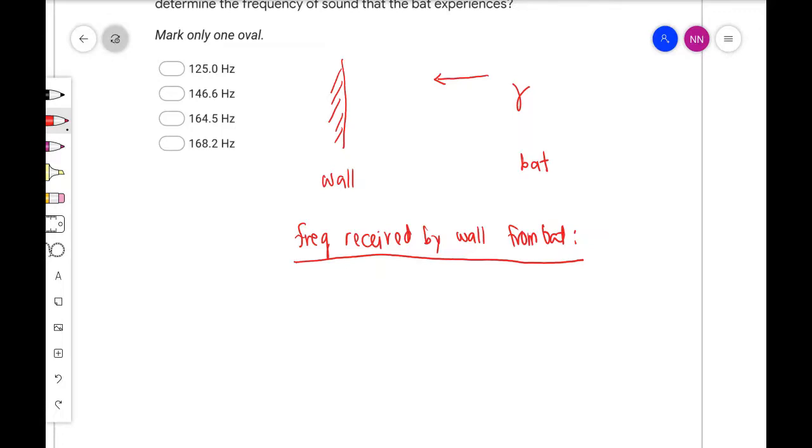Because the bat is moving toward the wall, you have to use the formula: frequency heard by the observer, fO, equals (V plus V of observer) over (V minus Vs), times the source frequency. Now the observer is the wall.